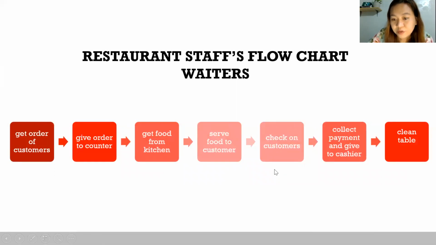Tapos, check nila minsan si customer if they need more services, or minsan tatawagan sila ni customer kunyari they wanted additional water, extra rice or utensils na dagdag, and then they will collect the payment and give sa cashier, kung again sa preference ng restaurant, and then clean the table.